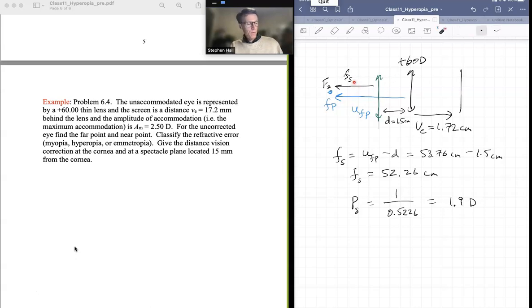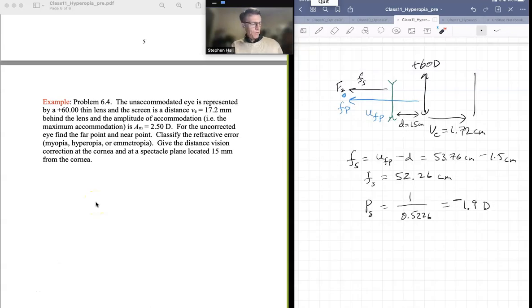And so I'm drawing this focal length from the spectacle lens to its focal point, and that's an upstream distance, and that means that this lens, contrary to the way I've drawn it, is a negative lens, a diverging lens, right? Because that lens has its secondary focal point on the same side of the lens as the object, the direction the light's coming from, left to right. So I know that this power down here needs to be a negative power, just to be consistent with my picture. And of course, that's also consistent with, we classified this eye as a myope, and so we know we're correcting myopes with negative powers.